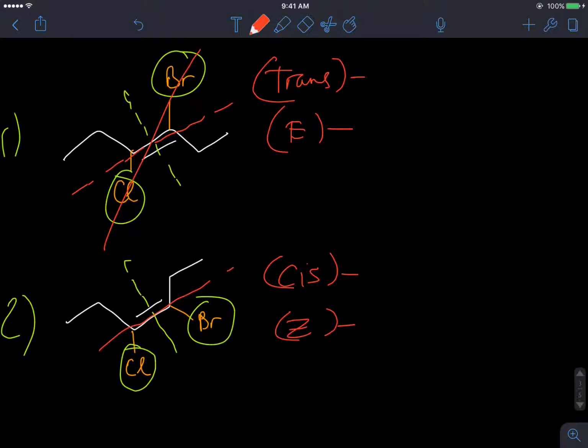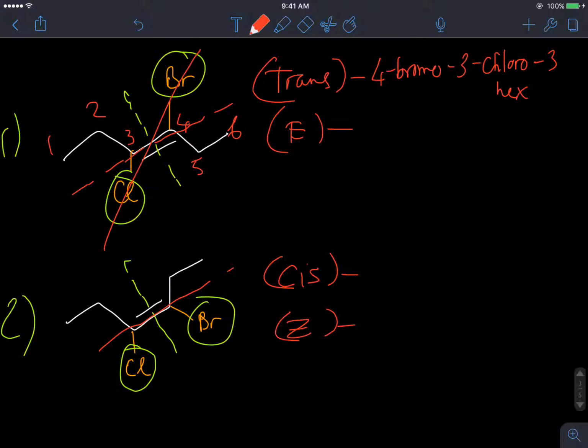Usually we number 1, 2, 3, 4, 5, 6, so it's 4-bromo-3-chloro-3-hexene. And number 2 has the same name: 4-bromo-3-chloro-3-hexene.